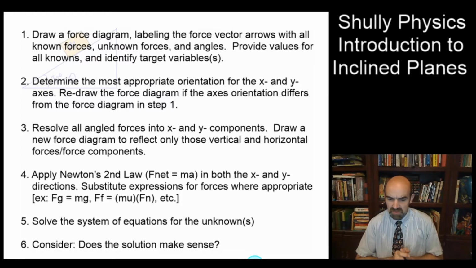Number 2, determine the most appropriate orientation for the X and Y axes and redraw your force diagram. What we're trying to do here is distill this scenario into something more pure. There's going to be a lot of ugliness to it, and we want to clean it out step by step. It's kind of like a water purification system where you take a kind of gross looking water.